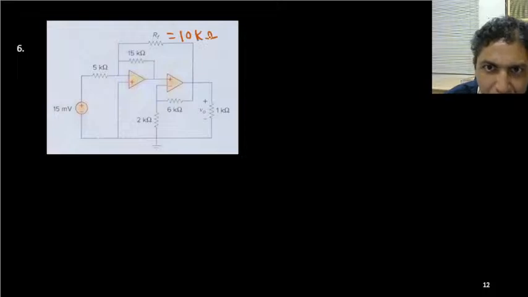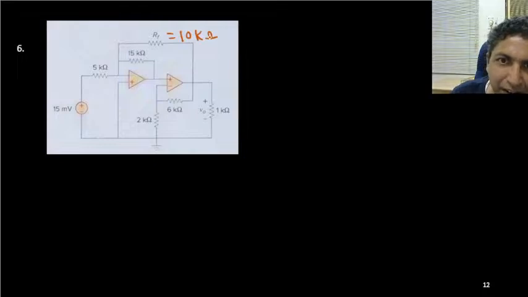Okay, so be careful here a little bit. This op-amp has one feedback from here: from this output through 50K, it is connected to the inverting terminal. Again, the output of this second op-amp is also fed back to the input of the first op-amp. So this is also behaving as a feedback element.